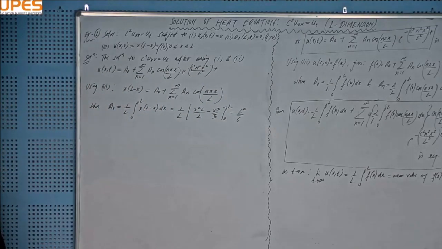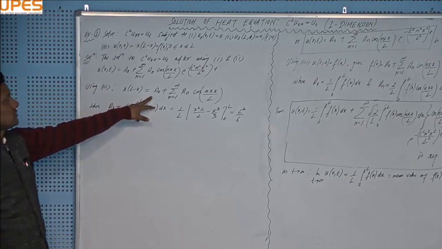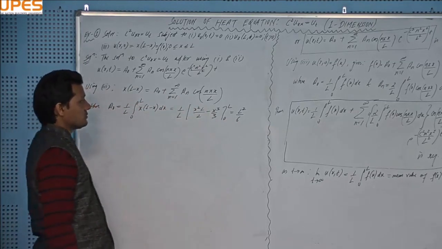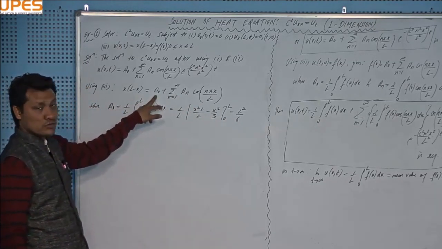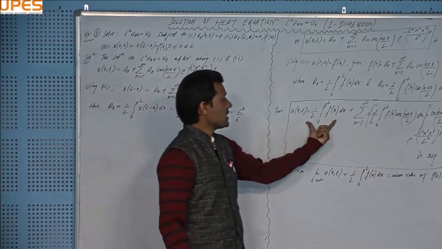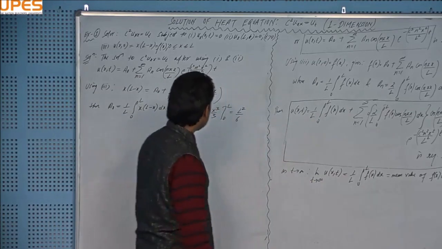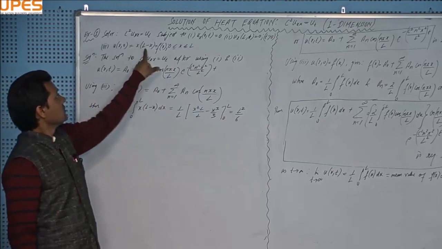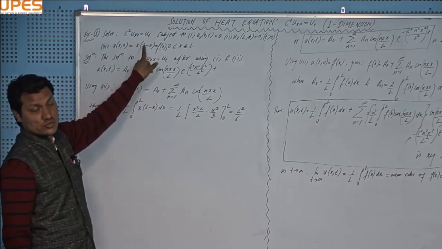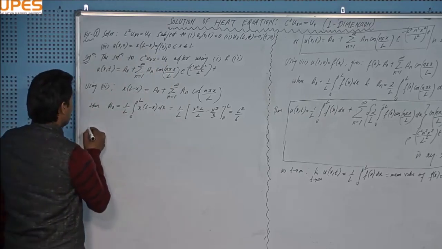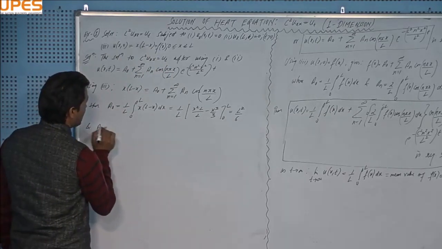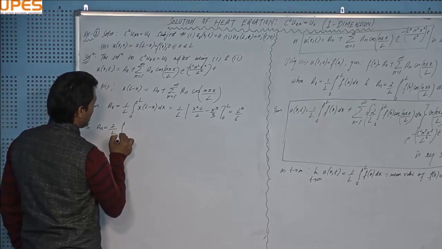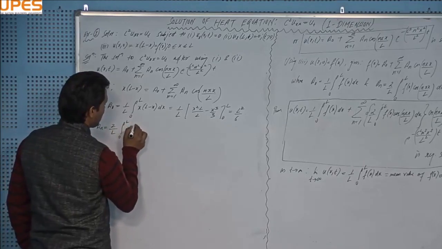Yes, okay, fine. So a_0 has been calculated, and that is a constant. That should be equal to the mean value of the initial temperature distribution. You can check that.